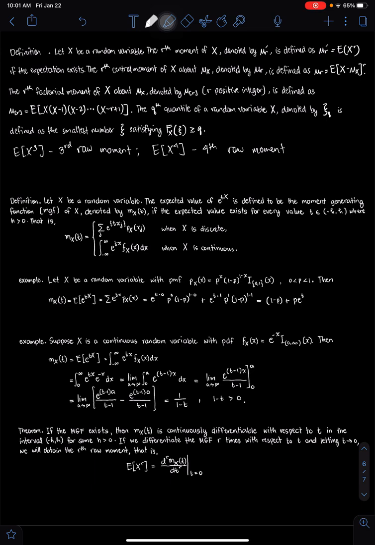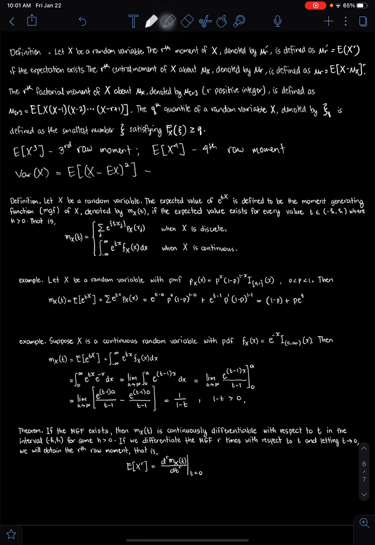Now, if you can recall from our previous video, we defined the variance of a random variable X to be the expected value of X minus its mean, which is just E of X, to the second power.